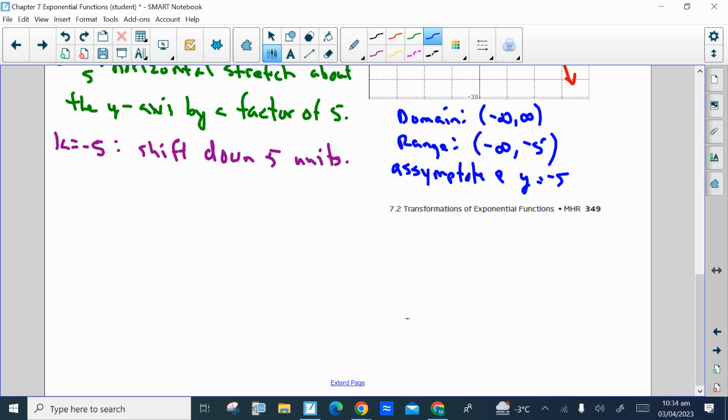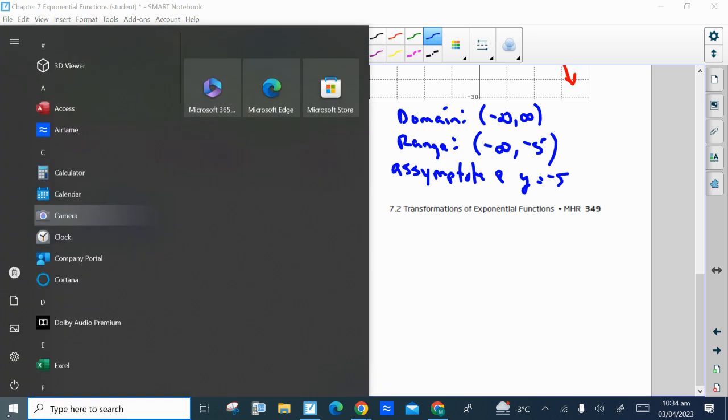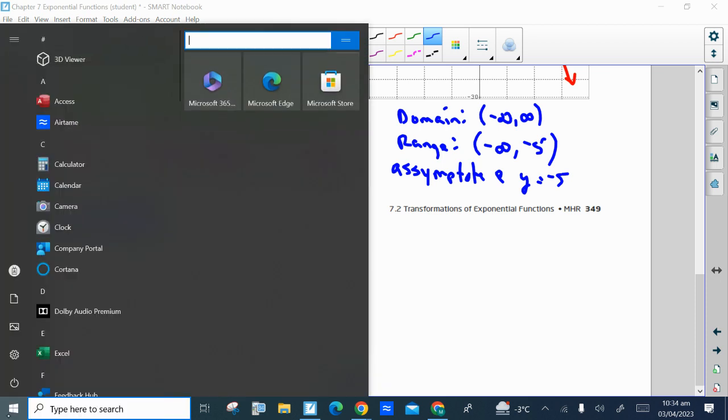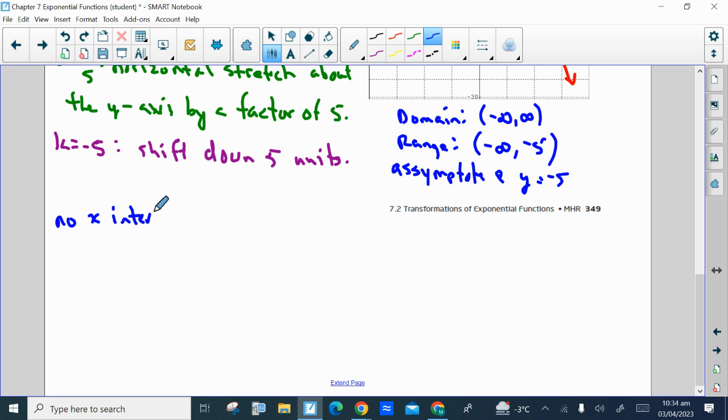This graph has no x-intercept. But our y-intercept does exist, and we actually have it in our table.